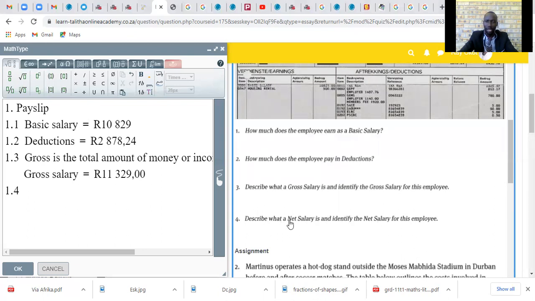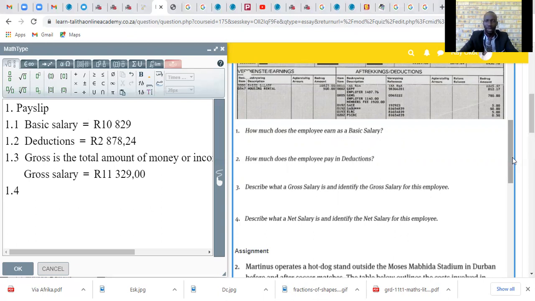We have to describe what the net salary is, and we also identify the net salary of the employee. Well, now, what is the net salary? We have already looked at that. This is question 1.2, how much does the employee pay in deductions. We have already seen that.